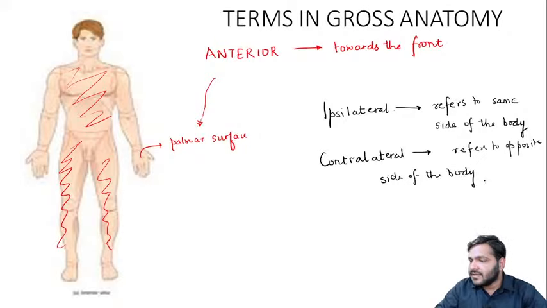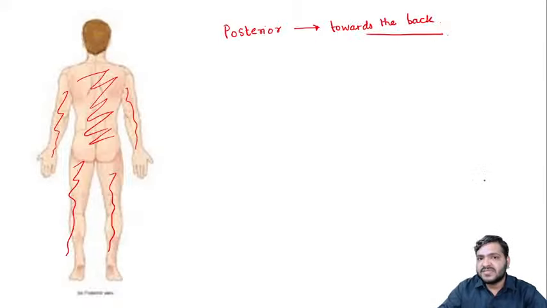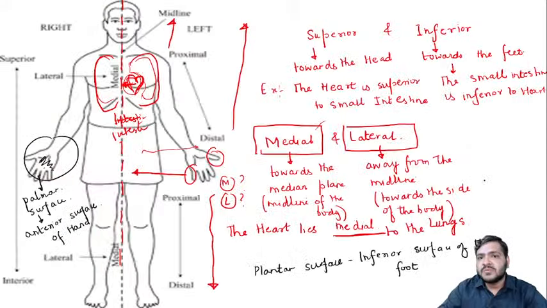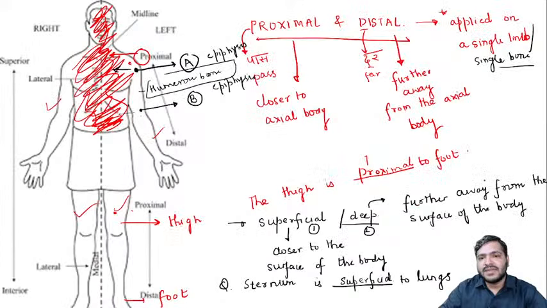So we have discussed ipsilateral, contralateral, anterior, posterior, superior, inferior, medial, lateral, plantar and palmar surfaces as of now. Also proximal and distal, superficial and deep. I hope all the anatomical terms are clear, and you should remember that these anatomical terms are only applied in the normal anatomical position.